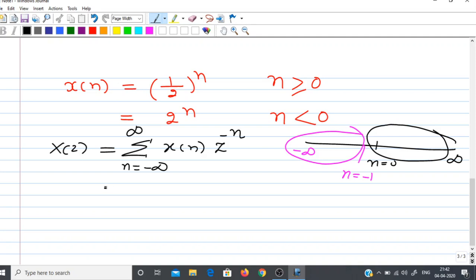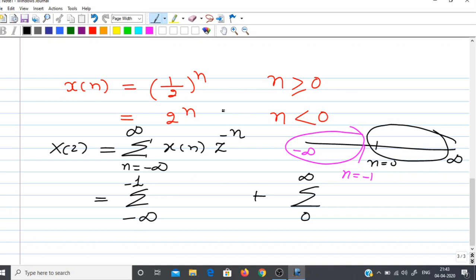So if I split this summation into two parts, one part from minus infinity to minus 1, and the other part from 0 to infinity. Now, what is my xn between minus infinity and minus 1?